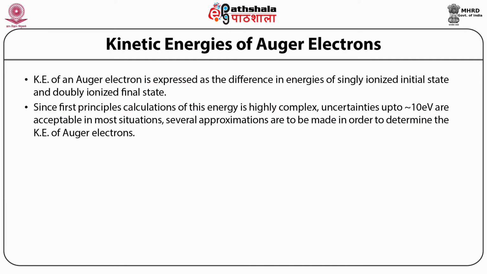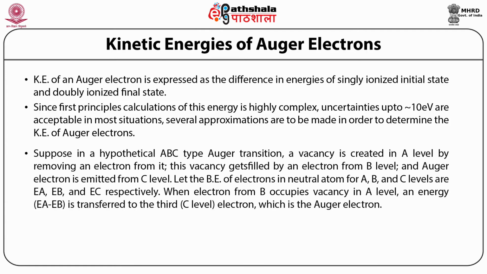Approximations are to be made in order to determine the kinetic energy of Auger electrons. Suppose in a hypothetical ABC type Auger transition, a vacancy is created in the A level by removing an electron from it. This vacancy gets filled by an electron from the B level. An Auger electron is emitted from the C level.